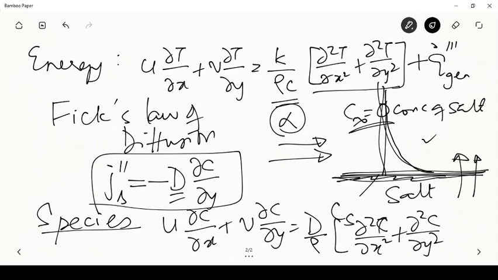Okay, so actually the D by rho does not appear here, it actually comes out in the form of D, so there should be a rho in this one. Okay, so basically this is the form in which this equation appears.